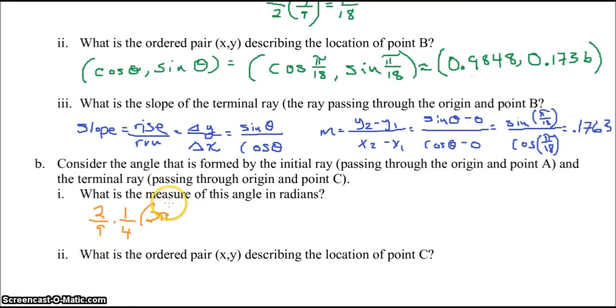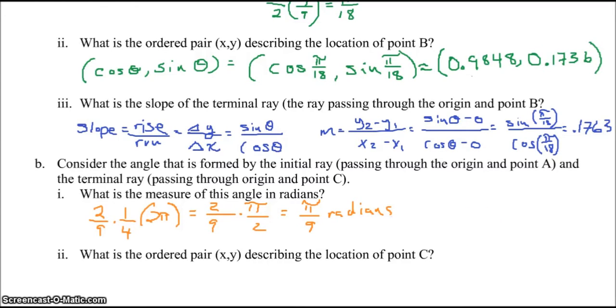We know that there are 2 pi radians all the way around, and we are looking at 1/4 of that circumference and 2/9 of that. So that is 2/9 times pi over 2, which is pi over 9 radians. I also could have looked at above. We had pi over 18 was one of those ninths, so I know that 2 of them would be 2 pi over 18 or pi over 9.